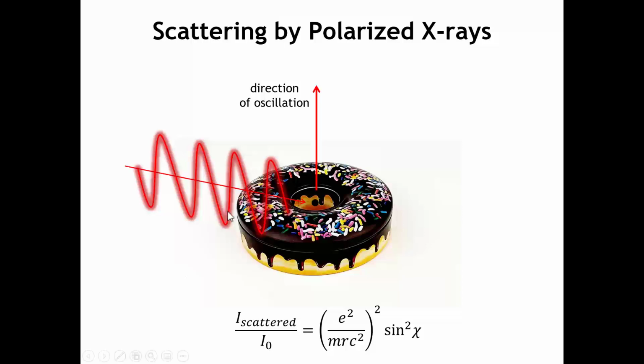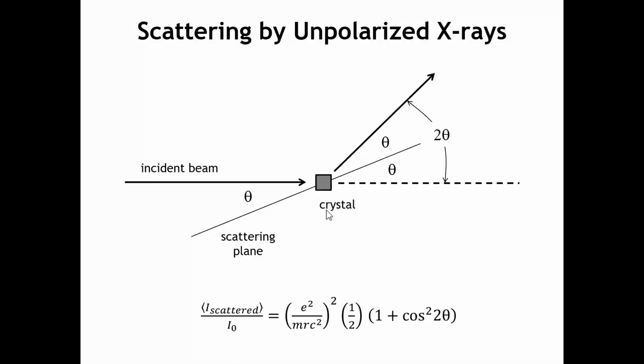The electric field of the radiation goes in all 360 degrees around the direction of propagation. And so when you have that situation, which is very common, the intensity of the scattered X-rays, we can get it by basically rotating this donut around the axis of propagation. And when we do that, we get this situation.